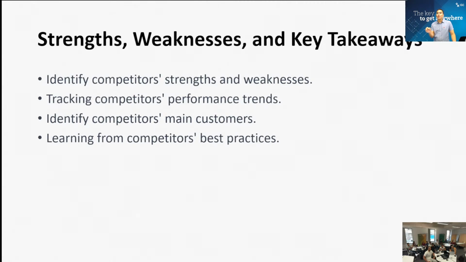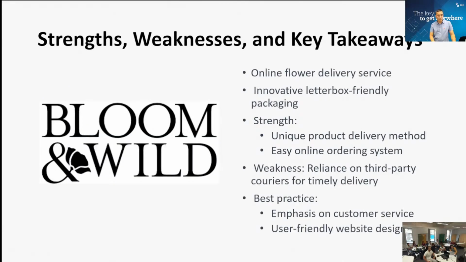So then you can profile the customer of your competitor, and potentially you can identify niches of the market that you could serve. Okay, so let's move into an example of Bloom and Wild.